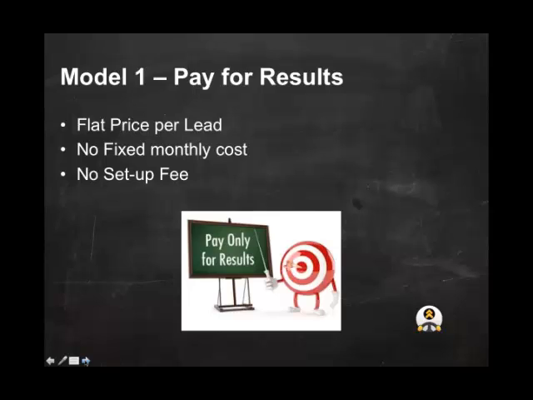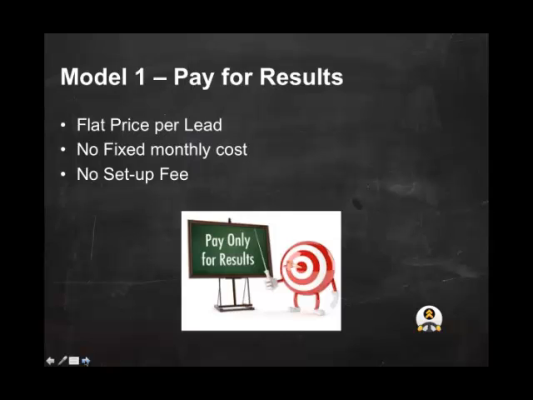The only thing I want to get at time of sale is his credit card and billing information on my little authorization form. When I get that, I'm pretty happy because remember, I'm billing either weekly or bi-weekly in almost every case. So I'm not very far from the cash. I'm not even 30 days from the cash, right? And it's all about generating leads and charging a flat price per lead.